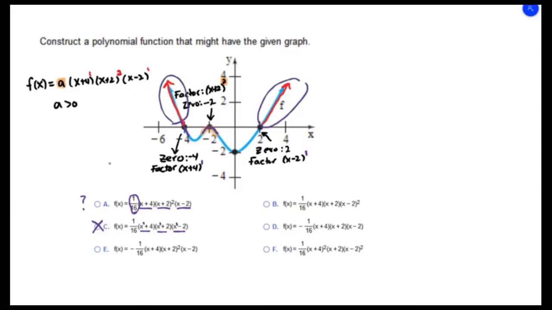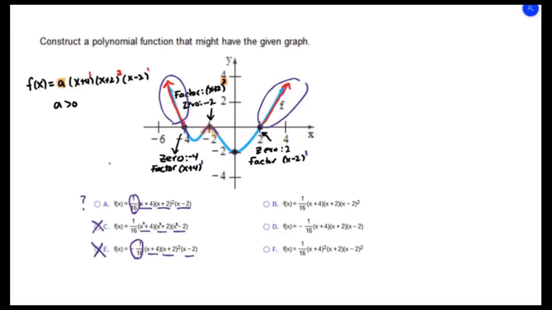In an odd power, the ends go in opposite directions. In this next one, we have x plus 4, x plus 2 squared, x minus 1, that would work. However, the leading coefficient is negative, so we know that the end behavior would be going to negative infinity, so let's rule that one out.